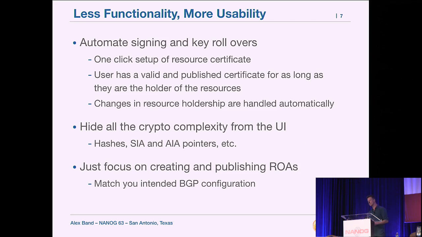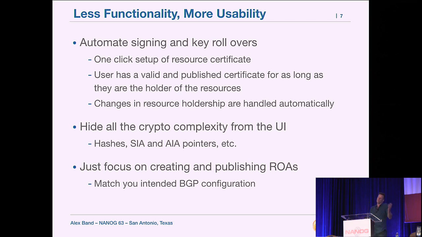And how do we do that? Well, we completely automated all of the signing, setting up the certificate, resource changes, for example. So if you got new resources from the RIR, they would be automatically added to your certificate, and a new updated one would be published. If you return resources, or if you transfer resources, a new updated certificate would automatically be generated and published.